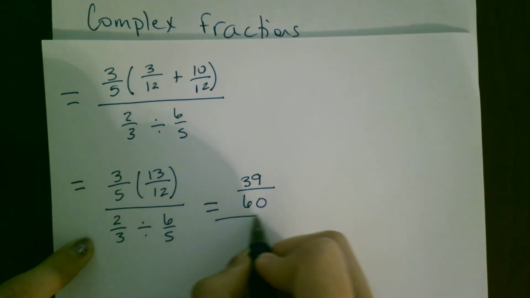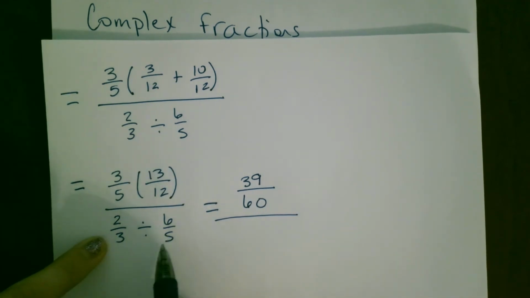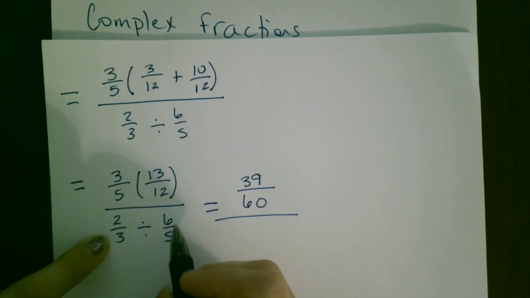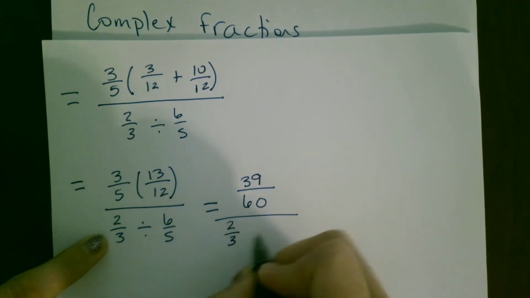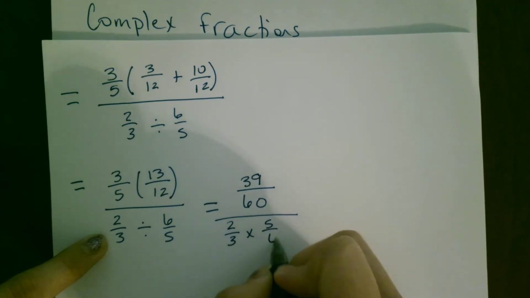And in the denominator, 2/3 divided by 6/5. We know by the algorithm for division of fractions that this tells me to take the reciprocal of the second fraction and multiply. So I have 2/3 times 5/6.